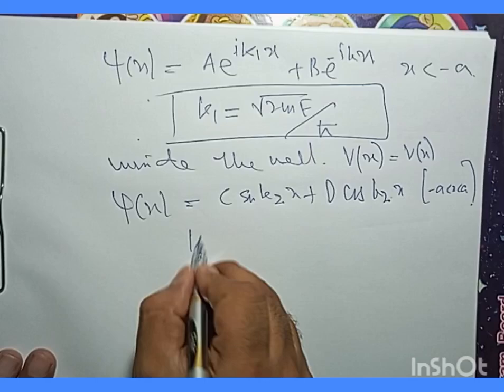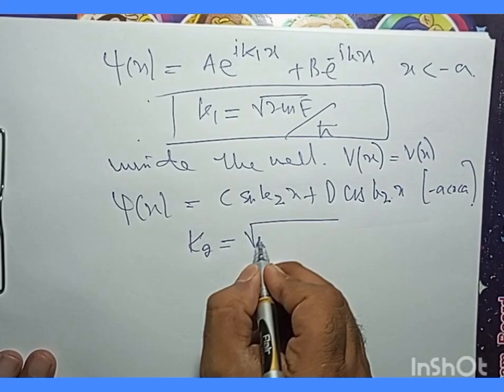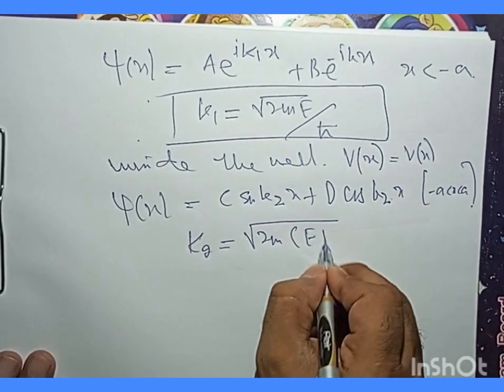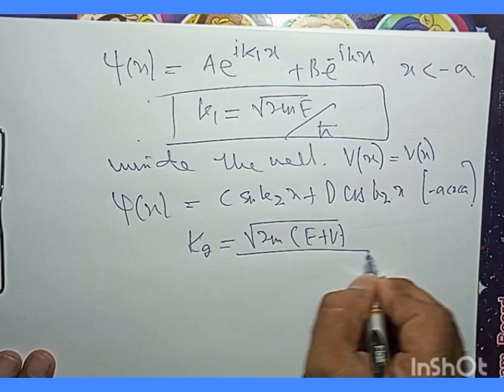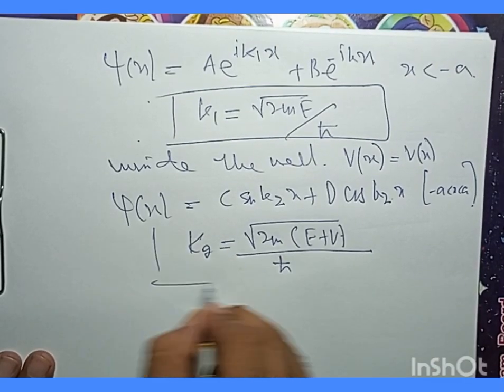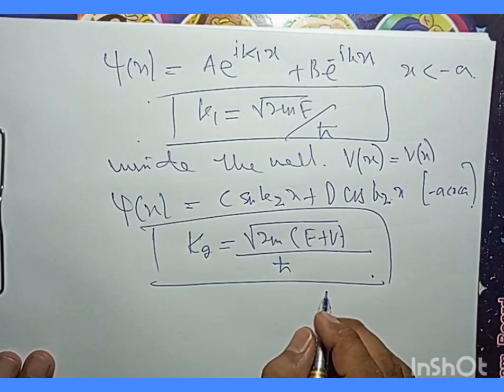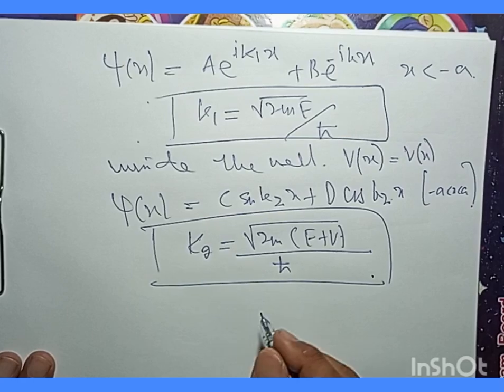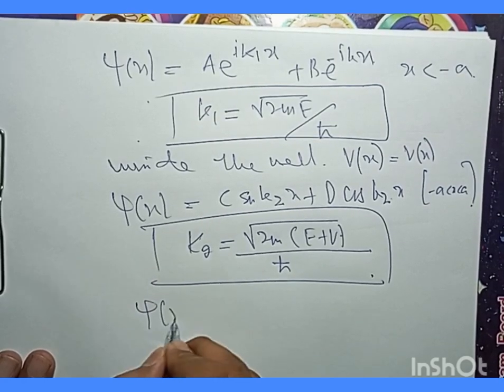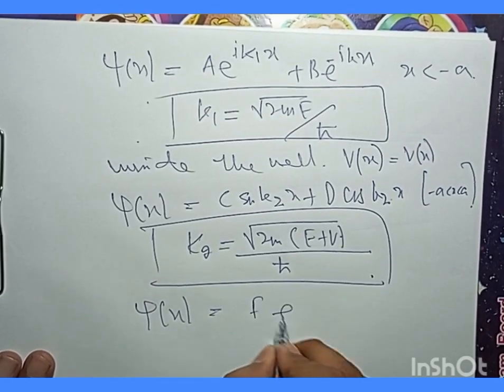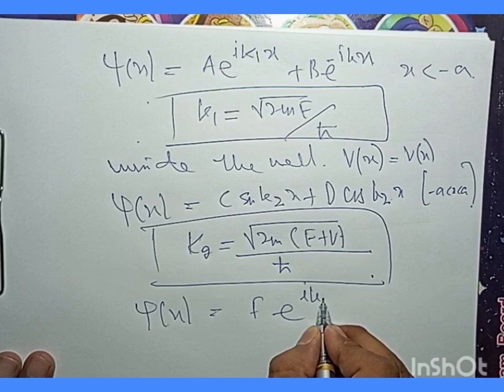And here we have k2 equal to the square root of 2m(E plus V) divided by h cross. And to the right, the third region, psi of x will be F e to the power of iota k1 x.